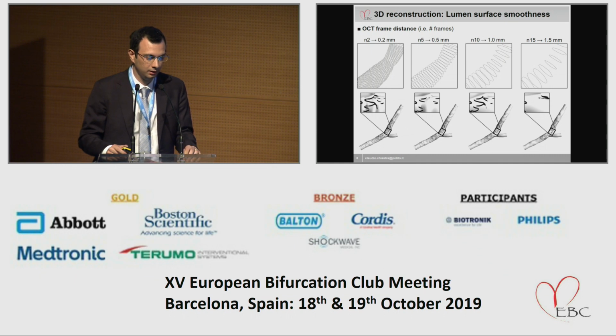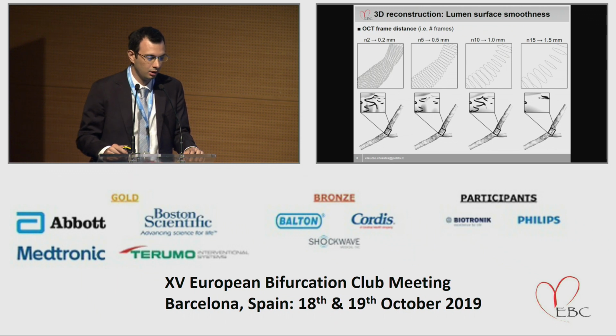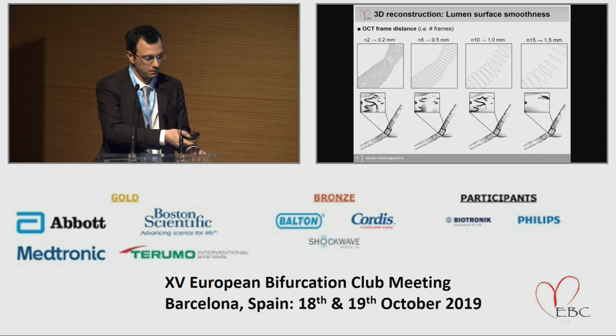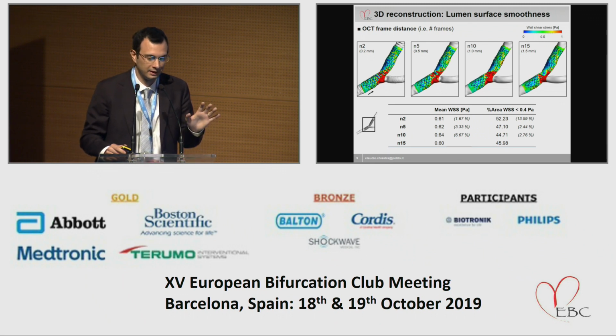We changed the OCT frame distance when reconstructing the lumen model, and thus we changed the number of considered OCT frames. In particular, we considered 4 different geometries with an OCT frame distance of 0.2, 0.5, 1, and 1.5 millimeter. We focused on the stented region and the Gaussian stress on the stented region, and from a qualitative viewpoint, you can see that the contour maps are very similar.